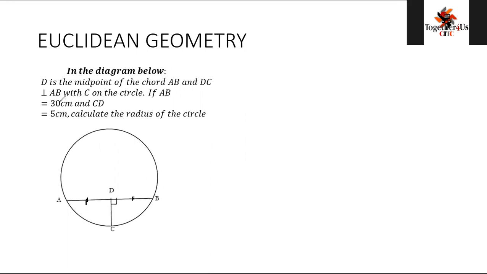And of course, we are given that they are perpendicular and C is on the circle. So if AB is 30, so the chord itself has a length of 30 centimeters and CD is 5 centimeters. So the line CD is actually 5 centimeters. Calculate the radius of the circle. So we have to determine the radius of the circle.